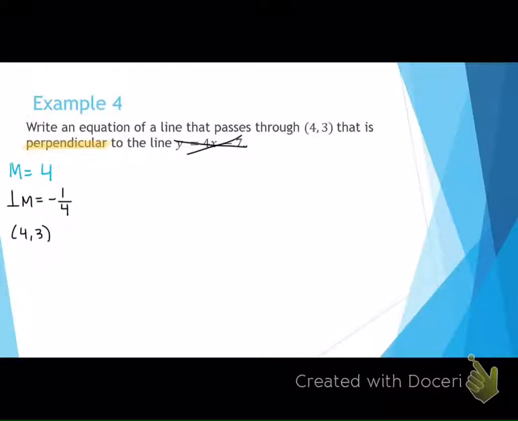Hey, Josh, what form do you have to start in? So can you put it in point slope for me, please? y minus 3 equals negative 1/4 times x minus 4. Good. Kaylee, what do I do now? Good job.